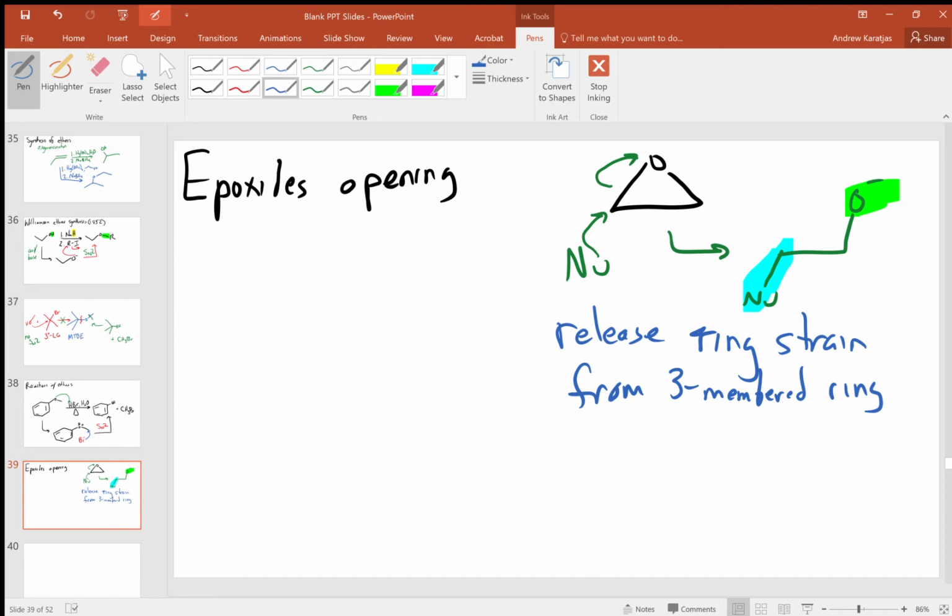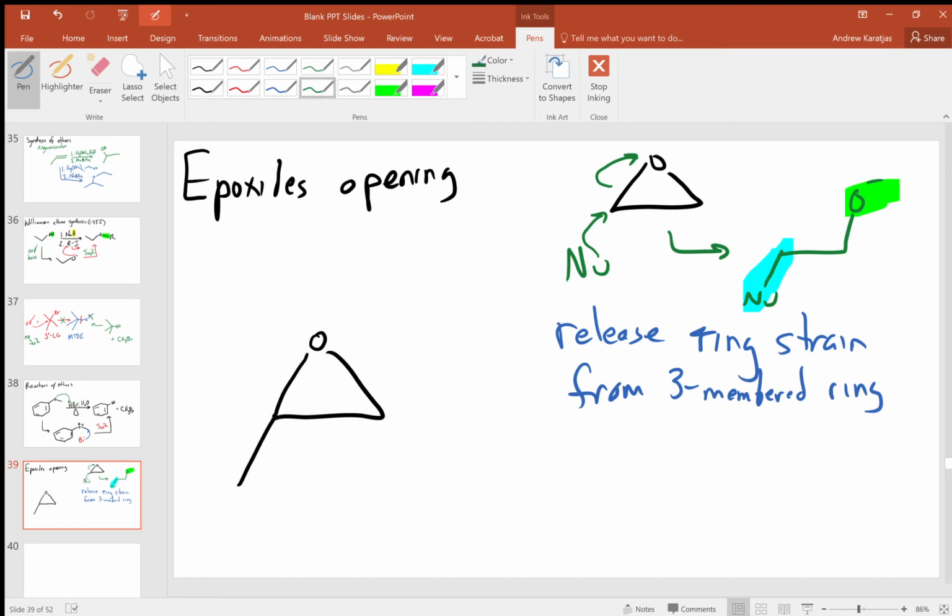Now, these type of reactions can be done both under acidic as well as basic conditions. And it actually makes a difference which set of conditions you use. Now, in the example here, it wouldn't have mattered because the epoxide was symmetric. But if we have an epoxide that's not symmetric, which could be something as simple as this one, at this point, it matters whether we use acidic or basic conditions.